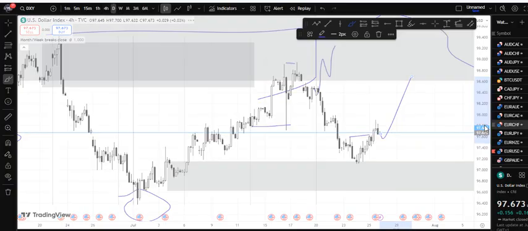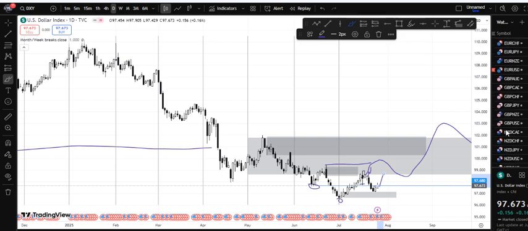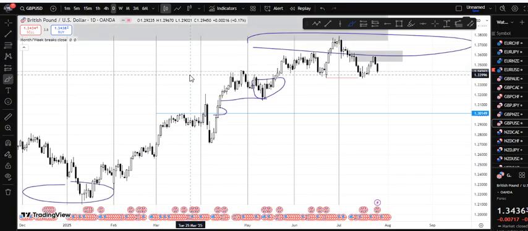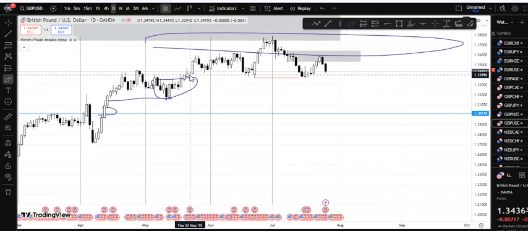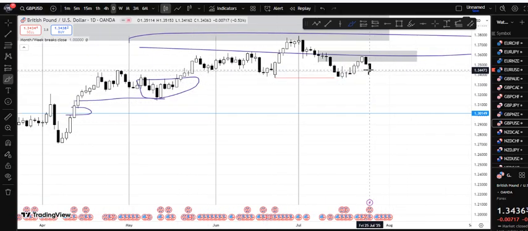For this reason, last week I made mention of the GU shorts, and it has worked perfectly fine.